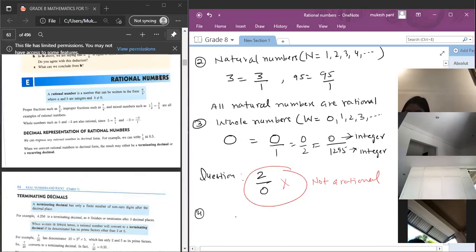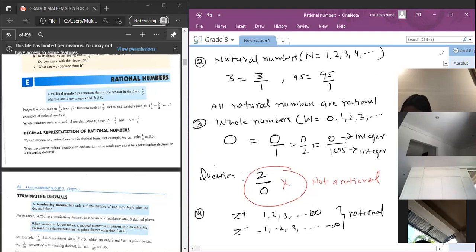There are positive integers: 1, 2, 3, 4, up to infinity. Negative integers are negative 1, negative 2, negative 3, and so on. So all integers are also rational. And 0 is neutral. We have already seen 0 is a rational number.